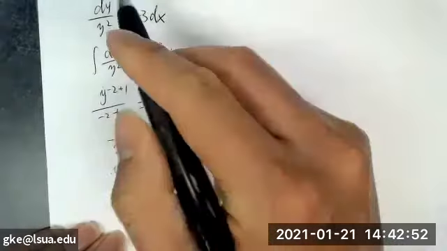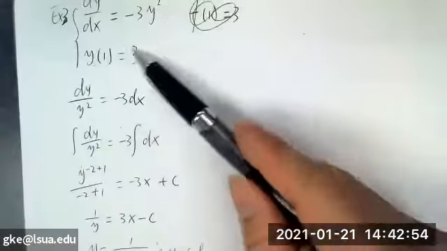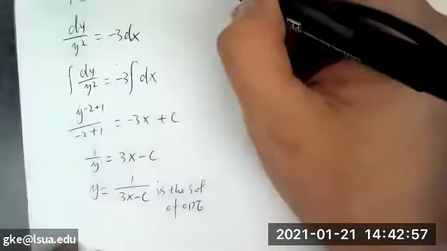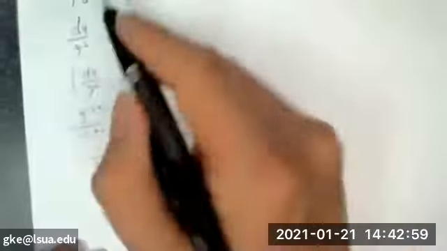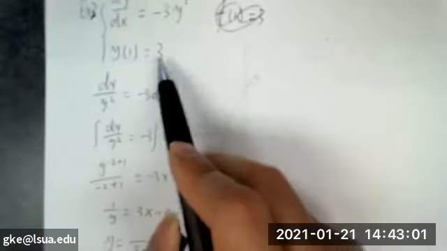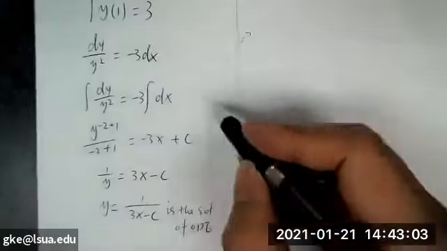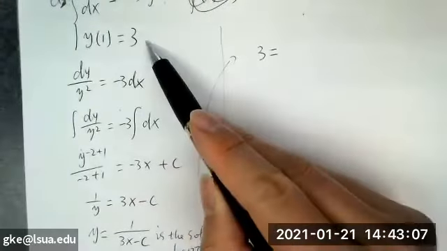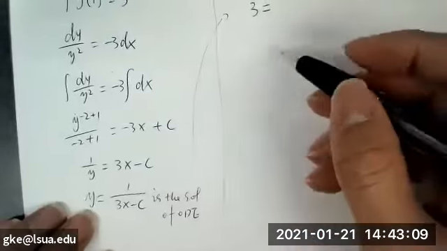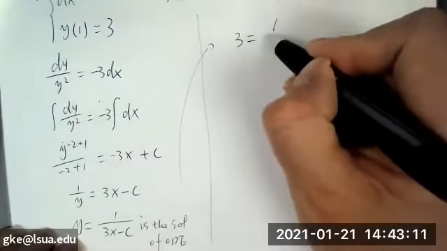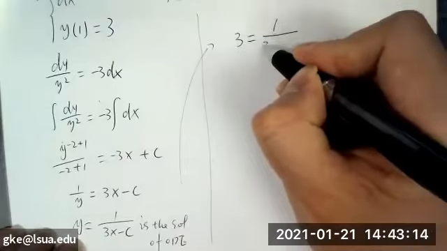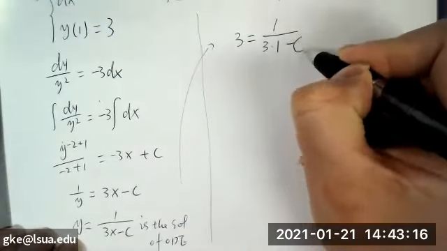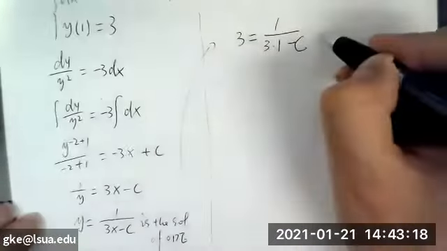However, we want the solution of the IVP. So we need to plug in the initial condition: when x equals 1, y equals 3. So we plug in x equals 1, y equals 3, and then solve it.